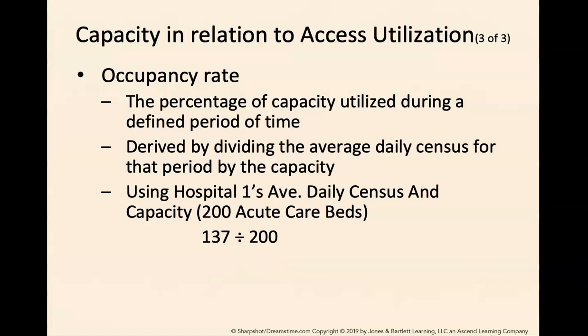So 137 divided by 200 is 69% on a 7-day period, meaning the occupancy rate of that hospital is even less than 70%. We already took notice of that when we were looking at the daily census. We were saying that on any given day, they're not even filling up all their beds. So if you take an average and you do an occupancy rate, it will show 69%.